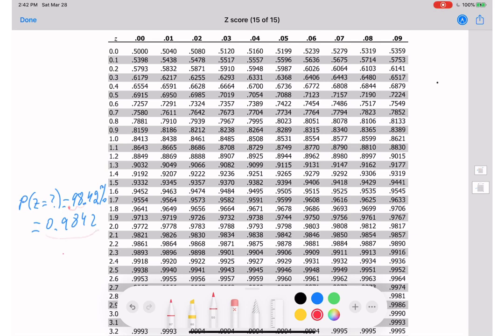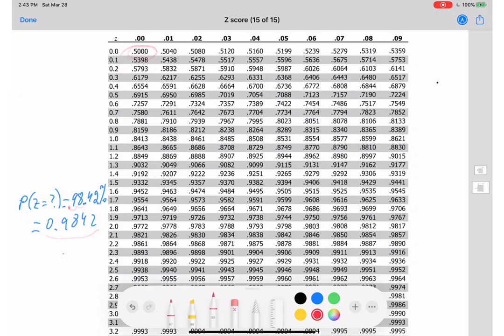Now, to look into the table and find where is 0.9842, because 0.9842 is close to 1, therefore I will look close to the end, right? Not close to the beginning, because at the beginning I have 50%. See here? 50%. So for 98%, I'm going to look close to the end.